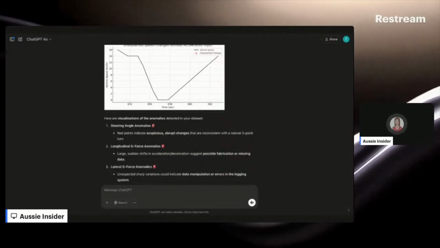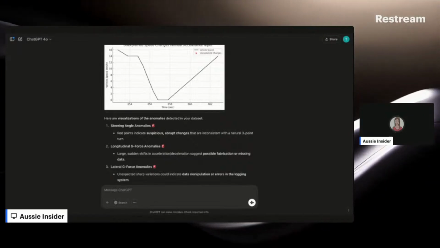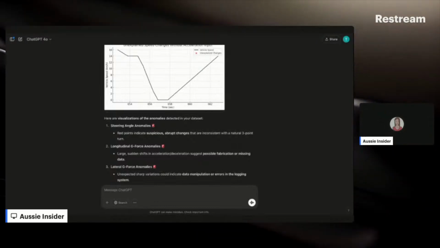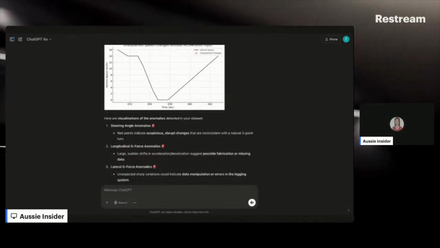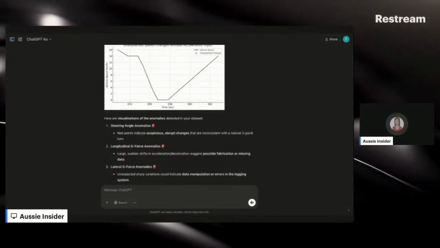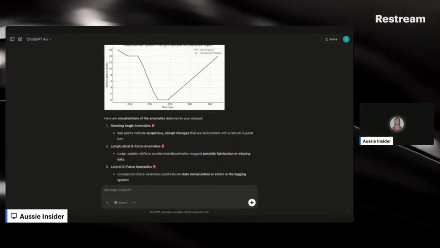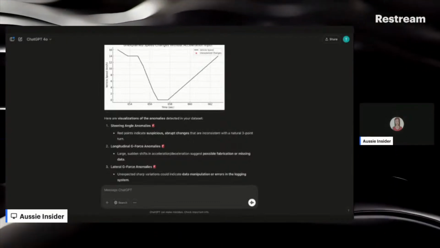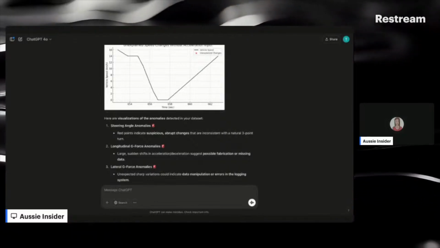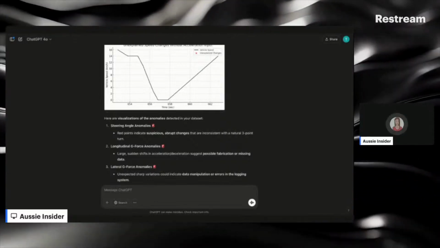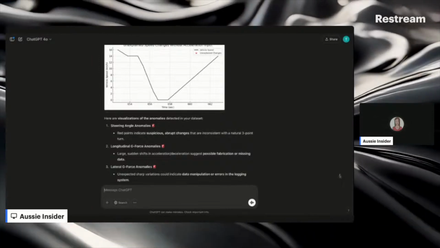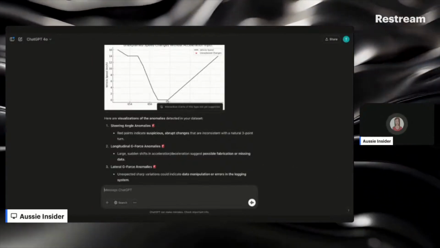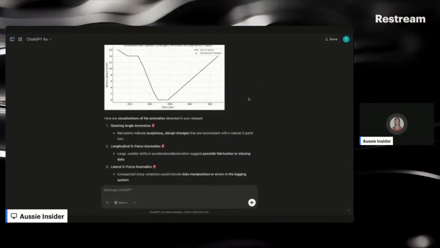So that's these three columns here. Everything just shoots up in the air. Interesting. Very interesting. That's why it's saying it's an anomaly, because that is weird.